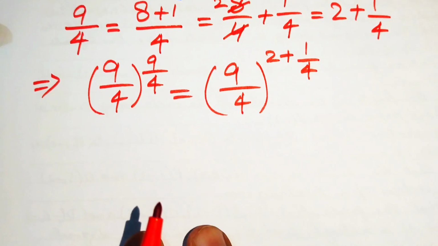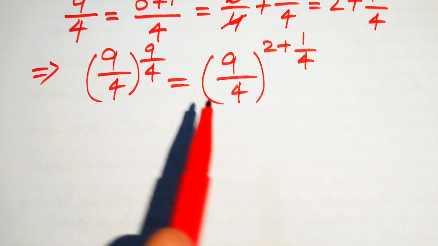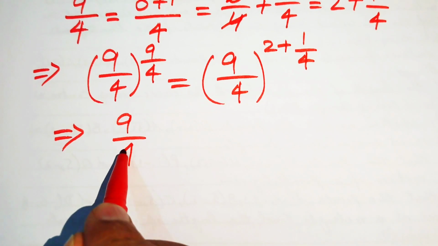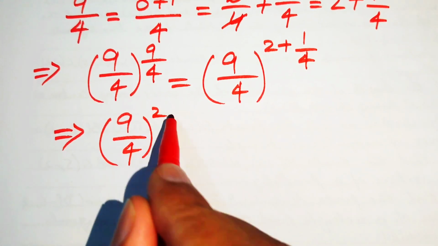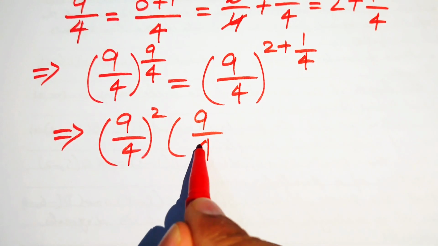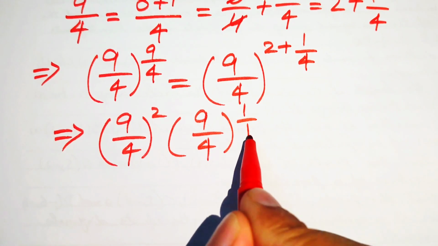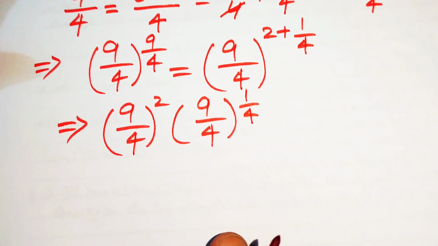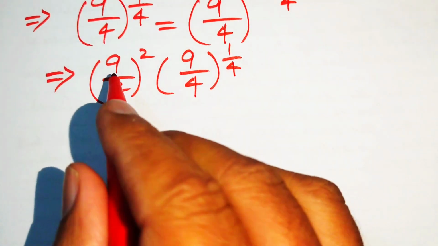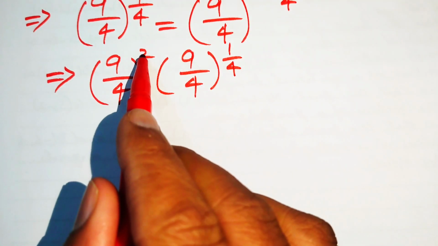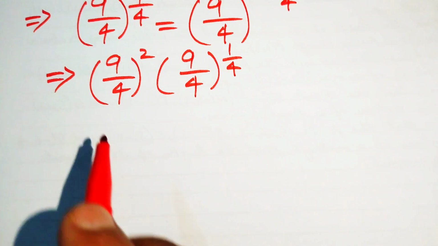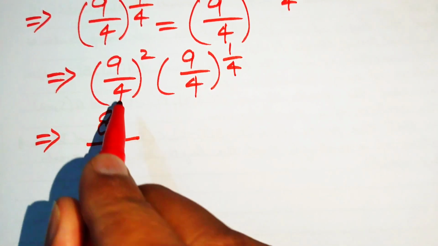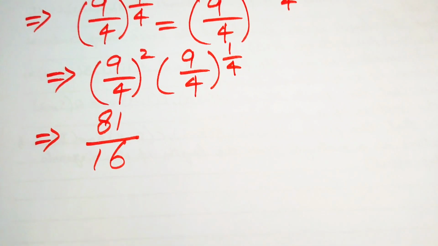After this step, we break this fraction and write it as 9 over 4 squared into 9 over 4, and its exponent is 1 over 4. When you separate this square on both of these terms, the square of 9 is written as 81 and the square of 4 is written as 16.